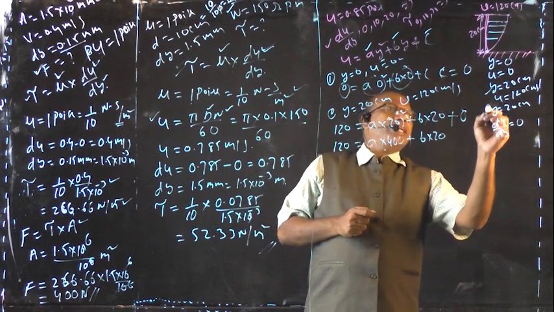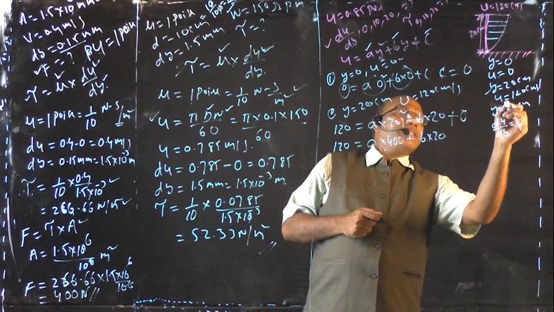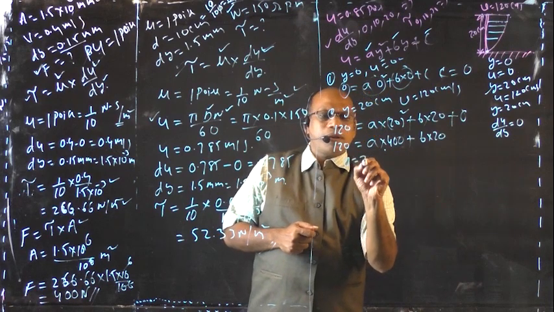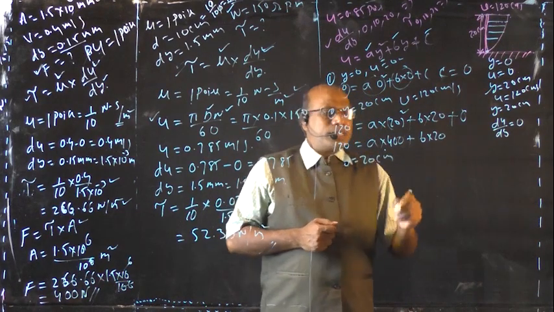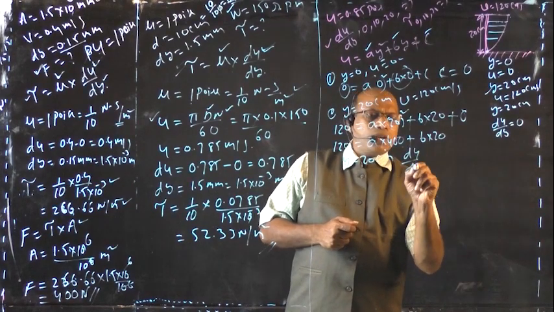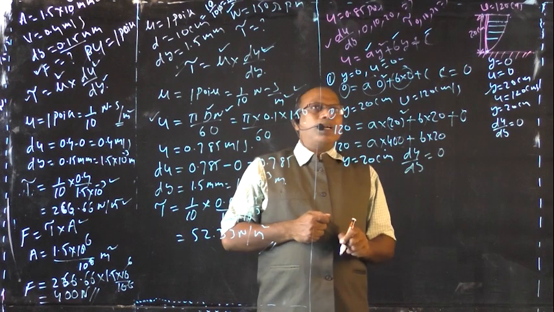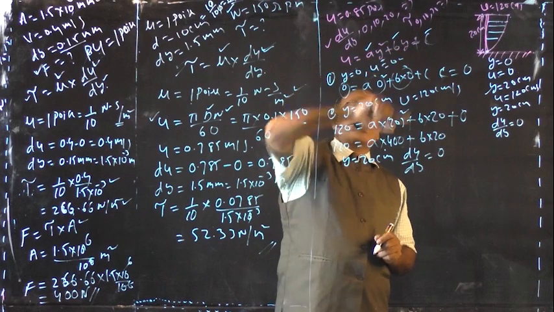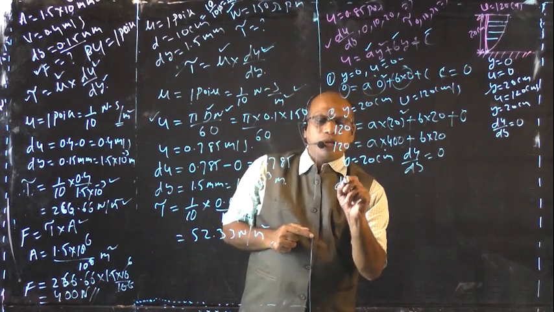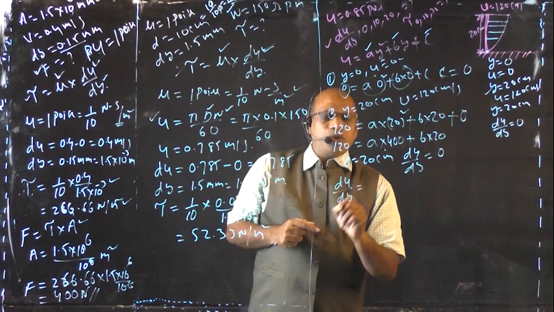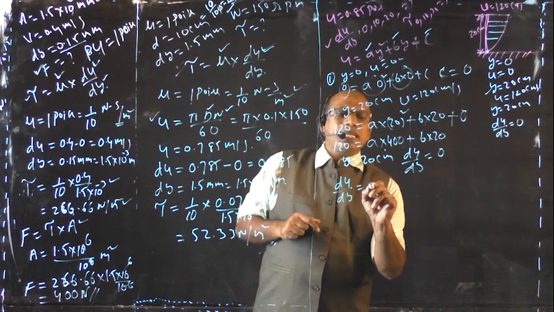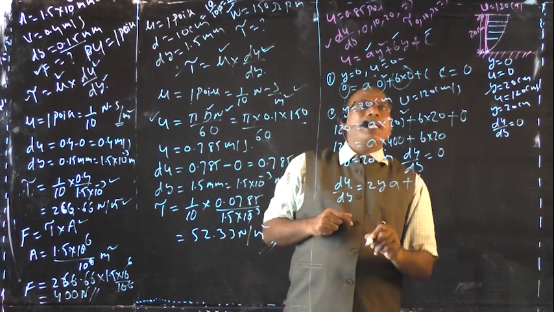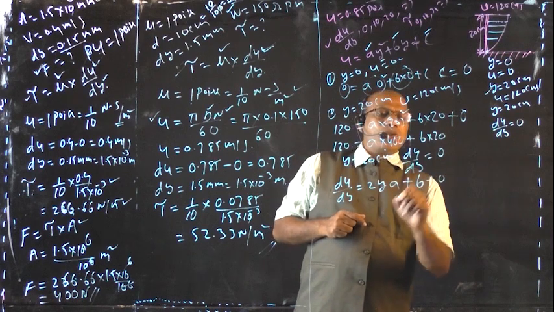Now we are going to apply the third boundary condition, y is equal to 20 centimeters, du by dy is equal to 0. Now we differentiate this equation with respect to y, therefore du by dy is equal to 2ya plus b plus 0.